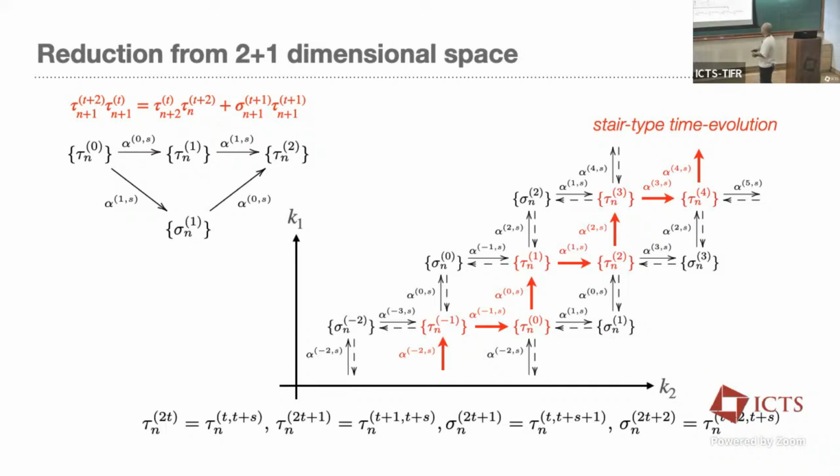So here, if we introduce some stair-type time evolution in this 2+1 dimensional space, it is some reduction. And of course, we can think of this stair-type time evolution step as a discrete time evolution. It's possible, of course; this is our choice. This t is taken from -1, 0, 1, 2, 3, 4, 5, 6, 7. In this way, we choose the standard time evolution t.